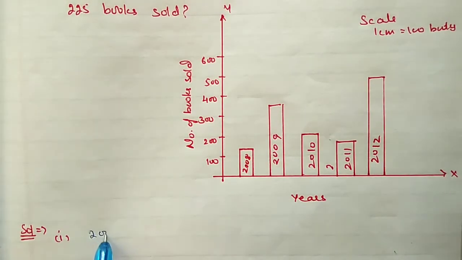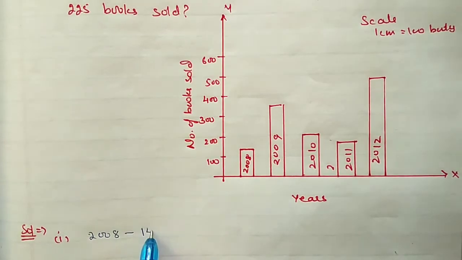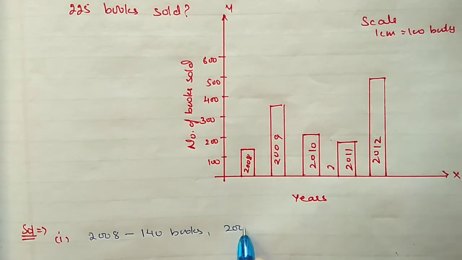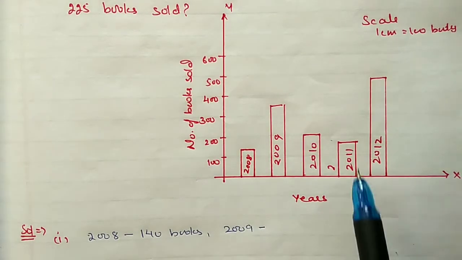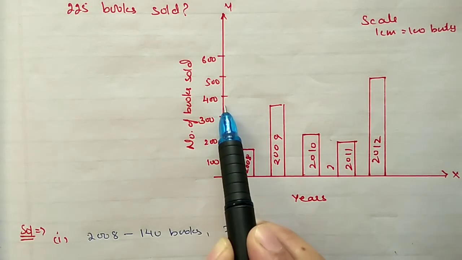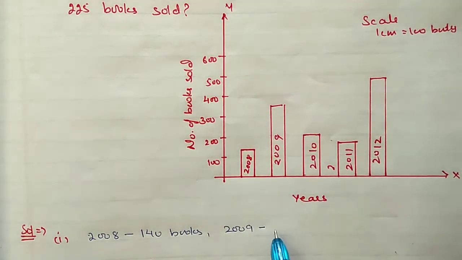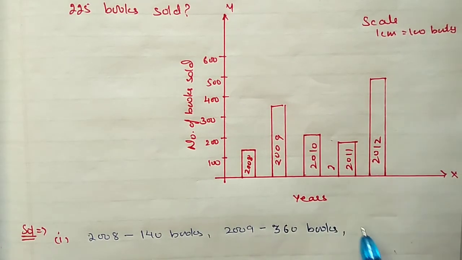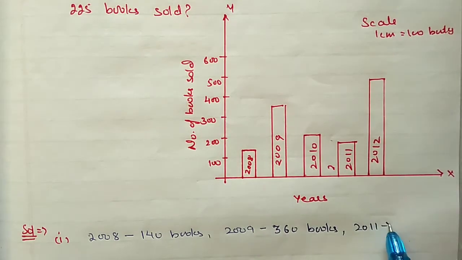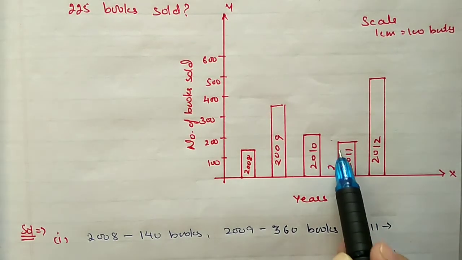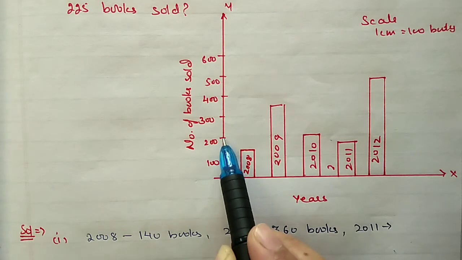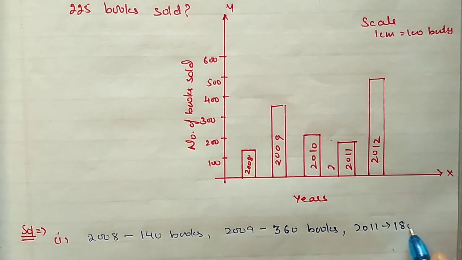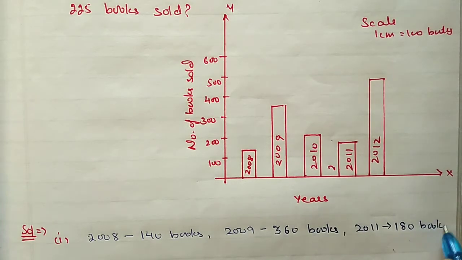So in 2008, 140 books, then in 2009 it is coming more than 350, around 360 books, and in 2011 it is coming more than 150 and less than 200. So you can write 170 or 180, no problem, 180 books.